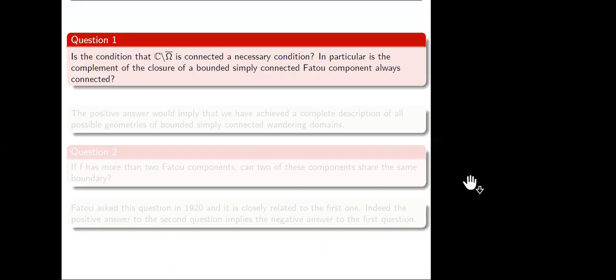Okay, so back to the question about necessity of conditions. So it's natural to ask, is the condition that the complement of the closure is connected a necessary condition? I don't know, or I didn't know.